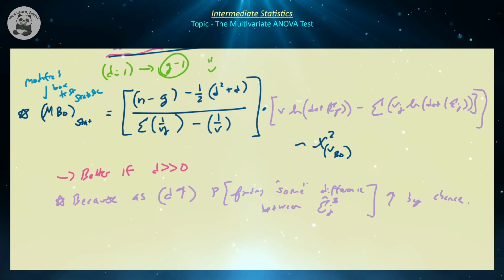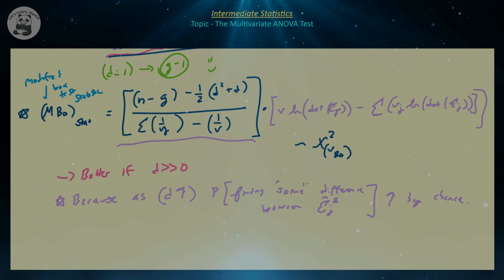So the probability of finding differences increases by chance because we're bringing more matrices into our account, so our box test statistic needs to adapt for that. So when we actually do this, this is going to scale out what we're actually going to be comparing things to, and that's going to help us take that into account, right? So if you're working in, say, dimensions 3, 4, 5, or maybe 50, you definitely should be using the modified box test statistic to assess multivariate homoscedasticity.